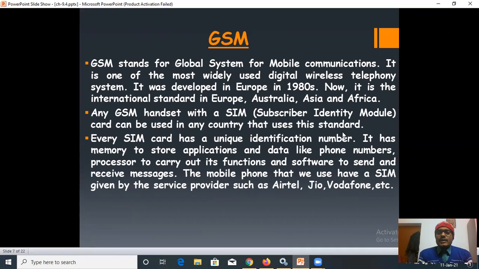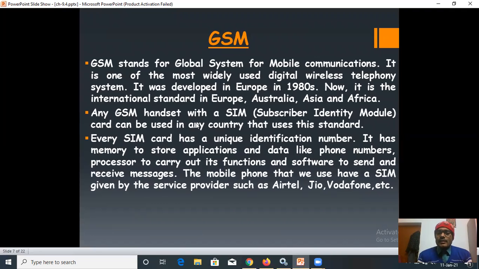So they use GSM technology. Okay, in those basic phones GSM technology is used, and it was developed in Europe in the 1980s. Now it is the international standard in Europe, Australia, Asia, and Africa. Means in all these countries, GSM technology is used much more.